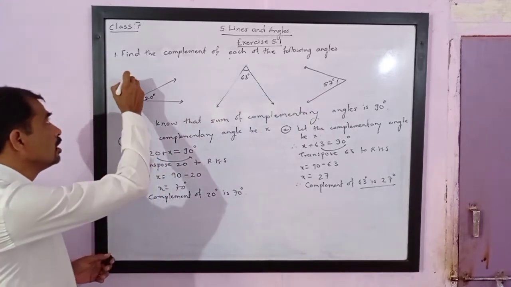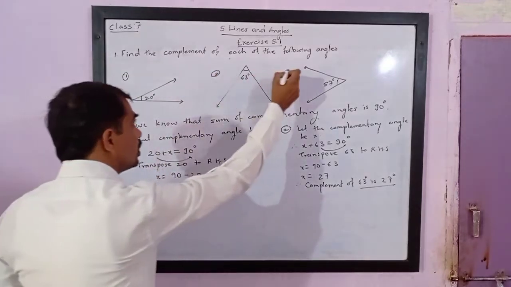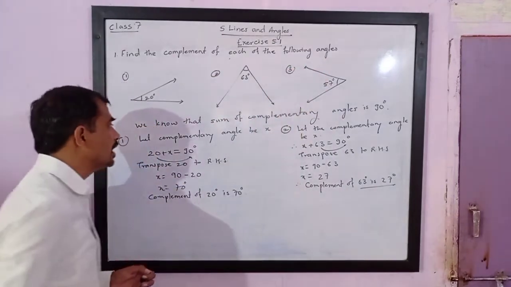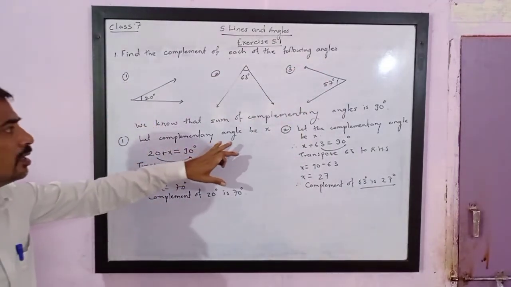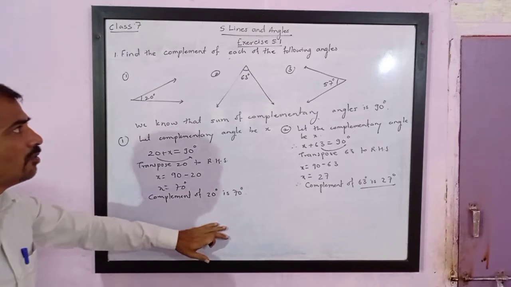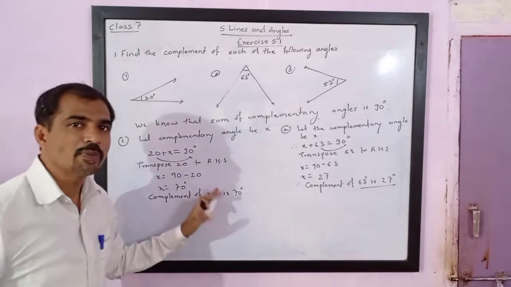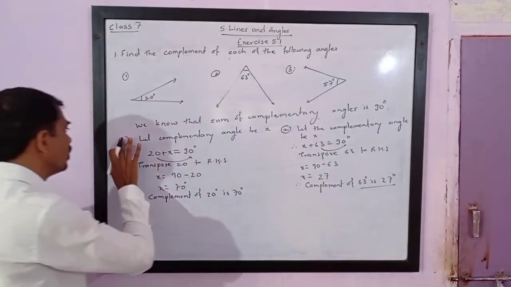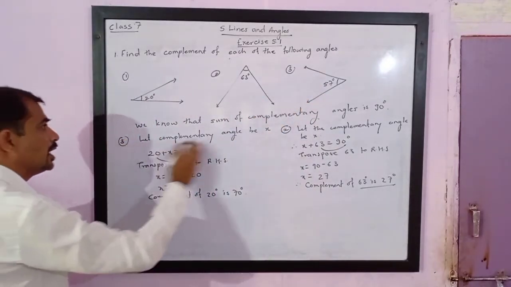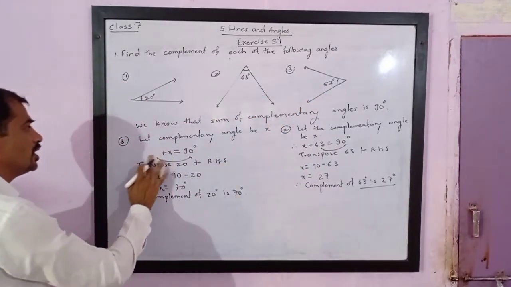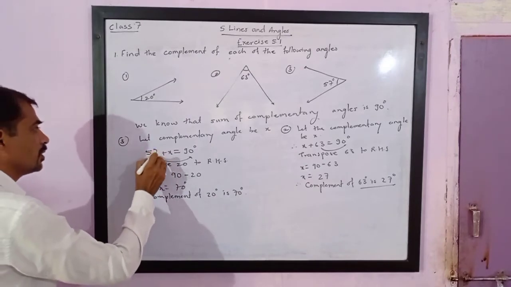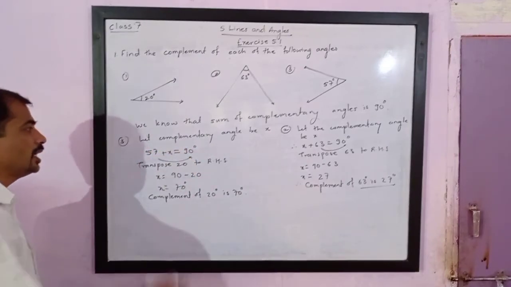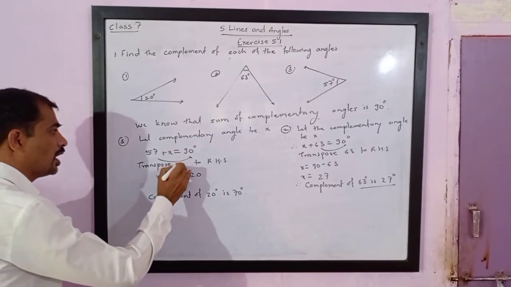Here the third angle is 57 degrees. Here also we can solve in the same way. Please pause the video and note this down. Again I am solving the third problem now, I will just change the number. Let the complement be x. So I will get 57 plus x is equal to 90 degrees. Transpose 57 to RHS.